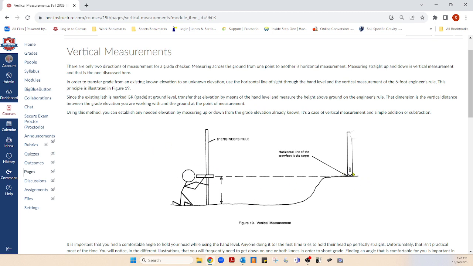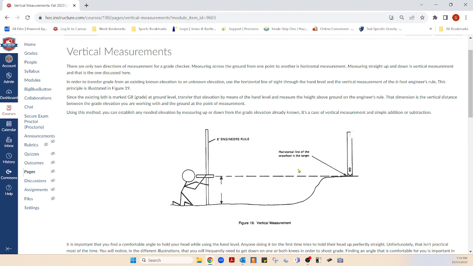See, he pulled this grade over by looking at it. He drew a line, and then he took just a tape measure, if you want to, or looked at his ruler on the stake and measured down, and it read 2.5. So he's 2.5 feet off the ground right here.